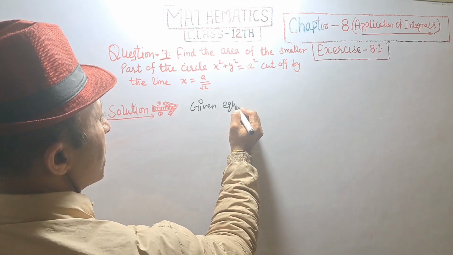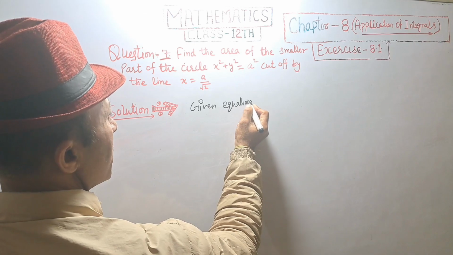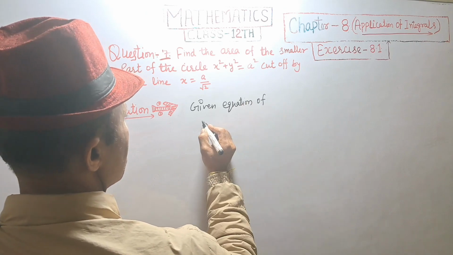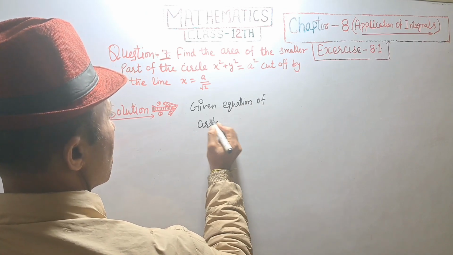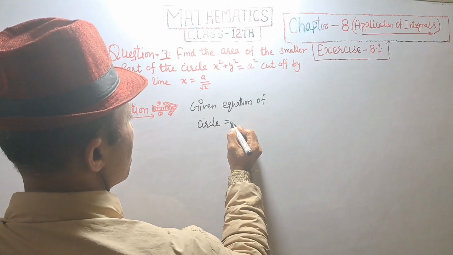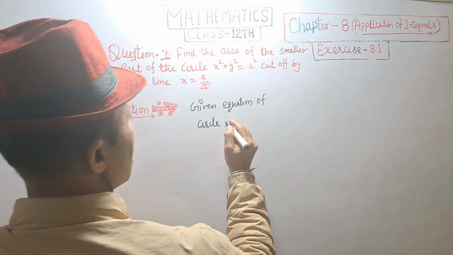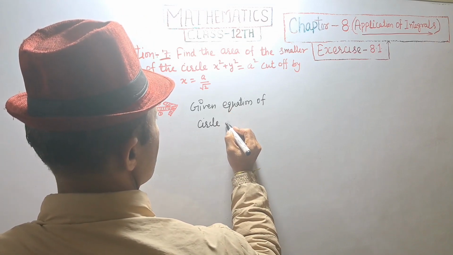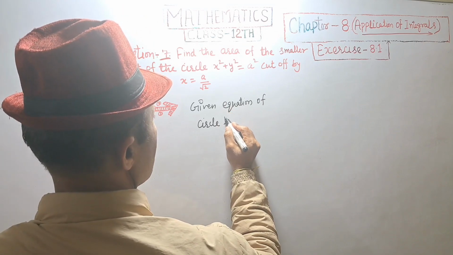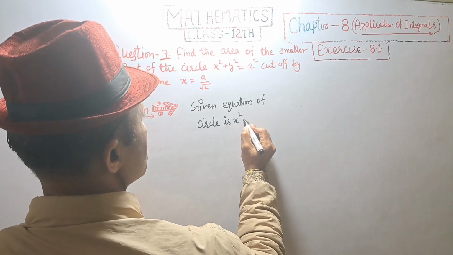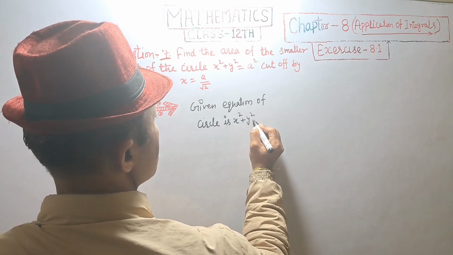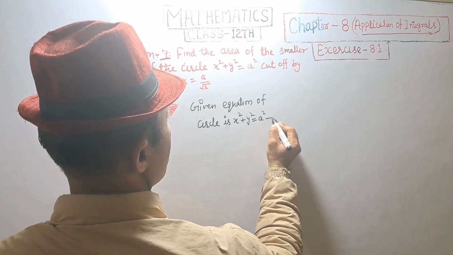Given, equation of circle is x square plus y square that is equal to a square.